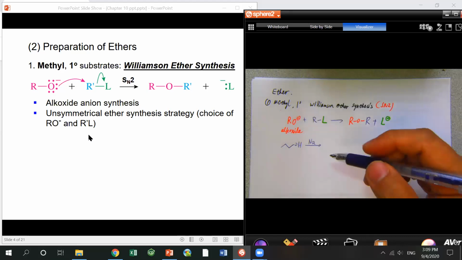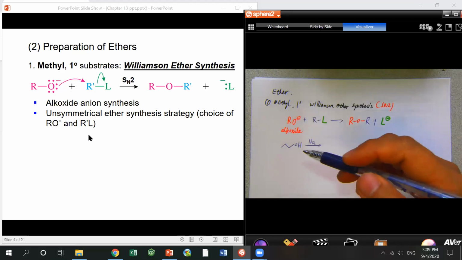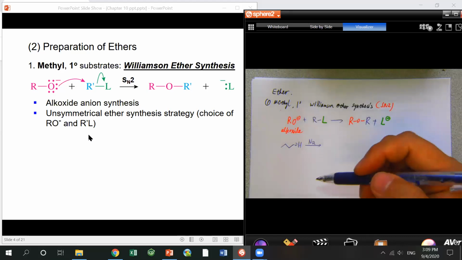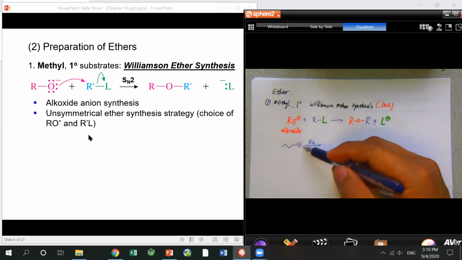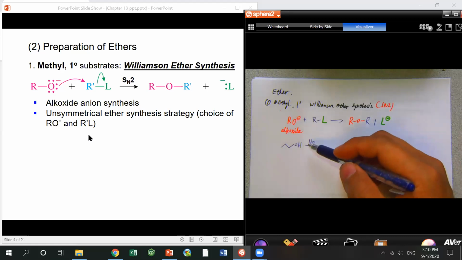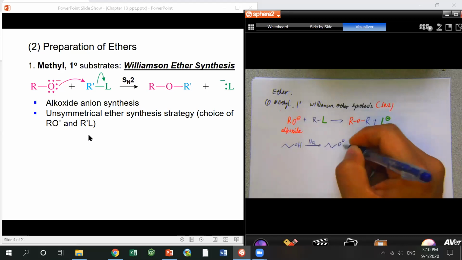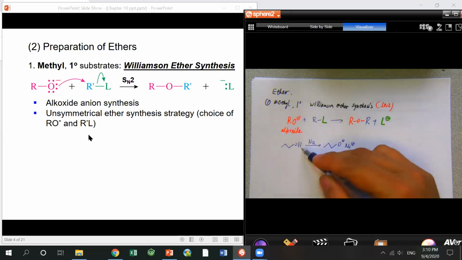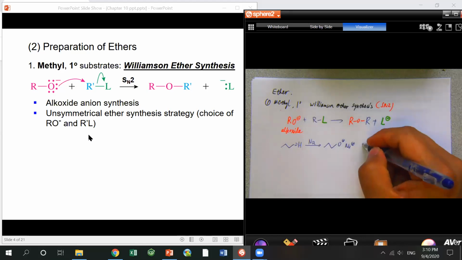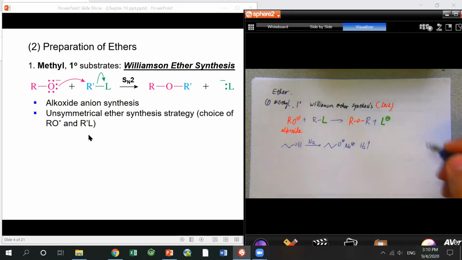Add it in slowly, cool in an ice bath, and stir a little bit. Eventually the sodium will all dissolve, generating the sodium alkoxide salt, and meanwhile hydrogen gas is given off.